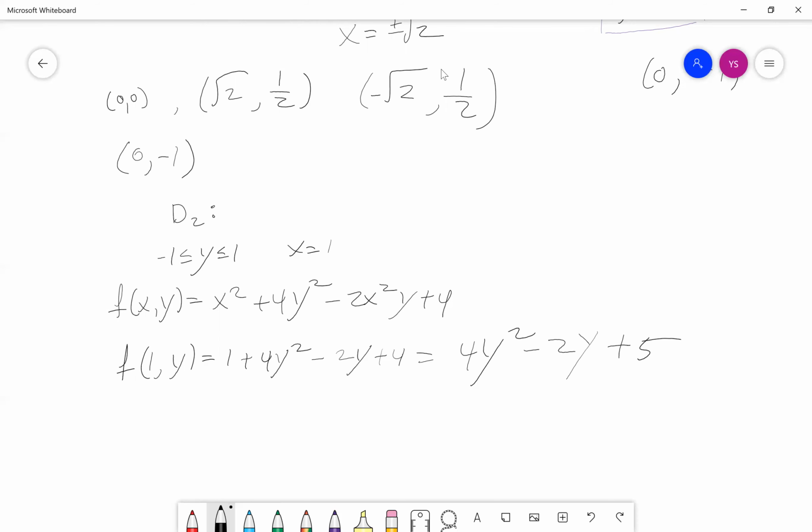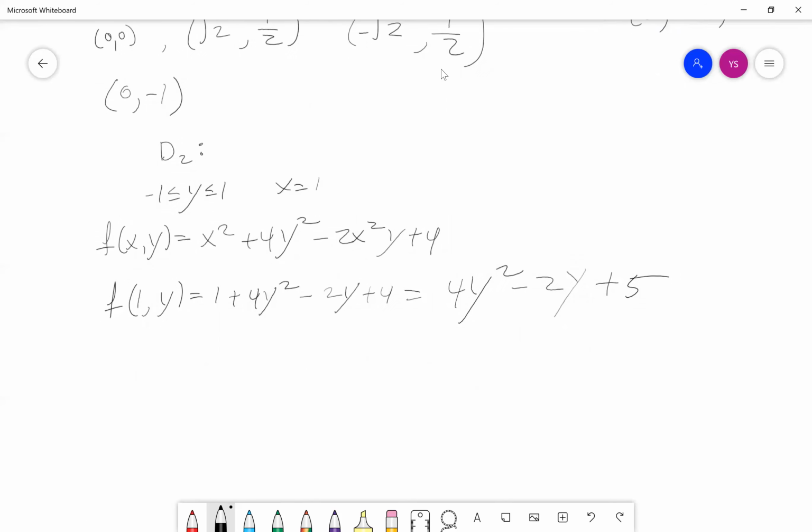Okay, perfect. So now we take the derivative and set it equal to 0. So f prime of y, well, that's going to be 8y minus 2. And we want to set this equal to 0.